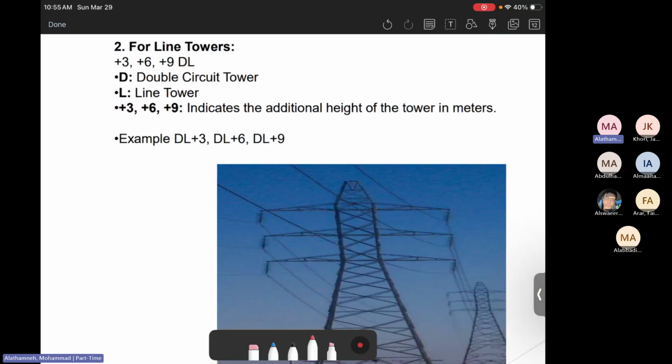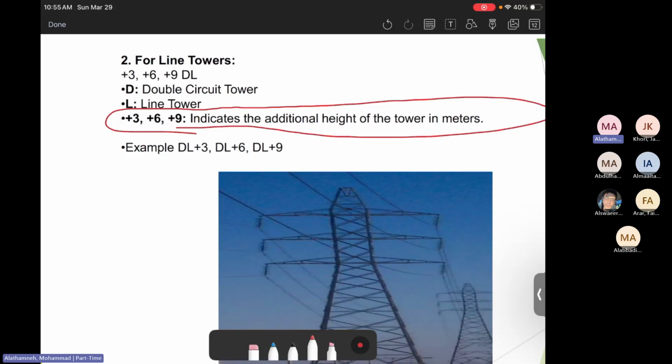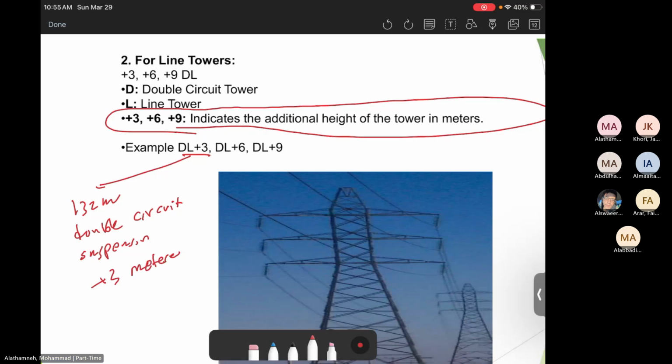For example, when you see DL +3, this means, first, 132 kilovolts because there is no number, and it means double circuits, and it means suspension because of L for line, and the last thing, +3 meters extra length.